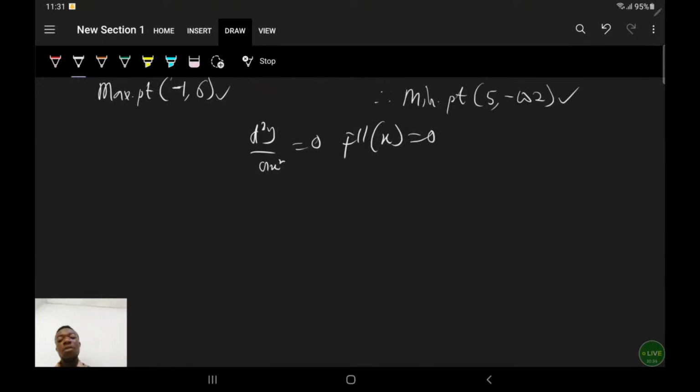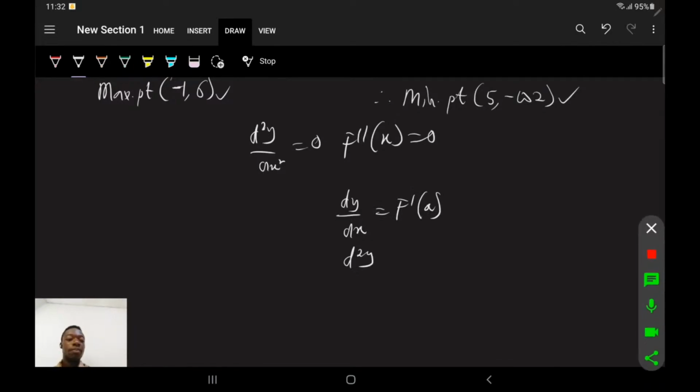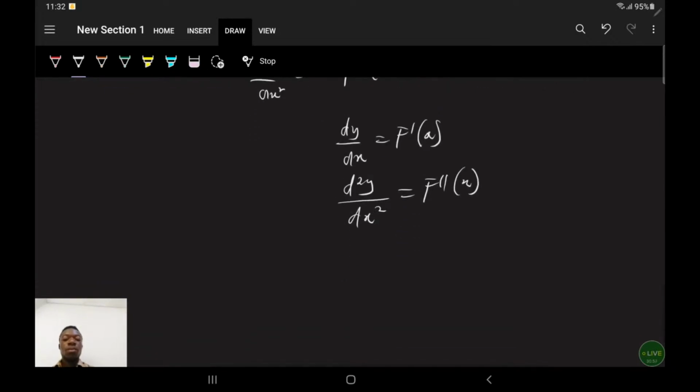In that case, if you are told that this is a first derivative, we are saying that dy over dx is the same thing as f prime of x. So d squared y over dx squared is the second derivative, the same thing as f double prime, and it continues on and on.